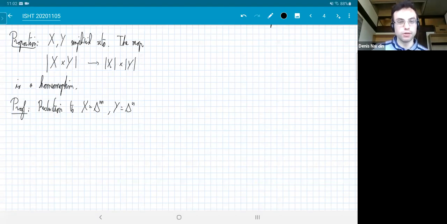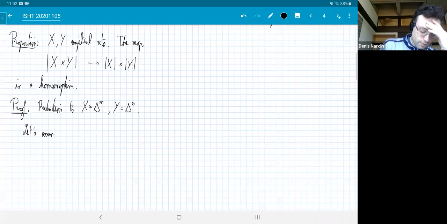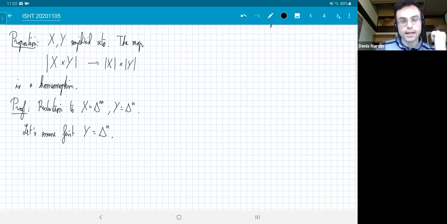But I'll explain how you reduce to this case. Okay, so let's assume first Y is delta N, and let's prove that for every X, this statement is true.